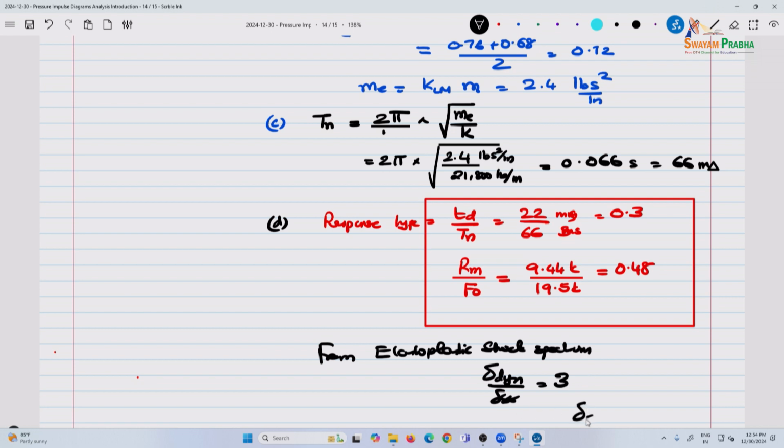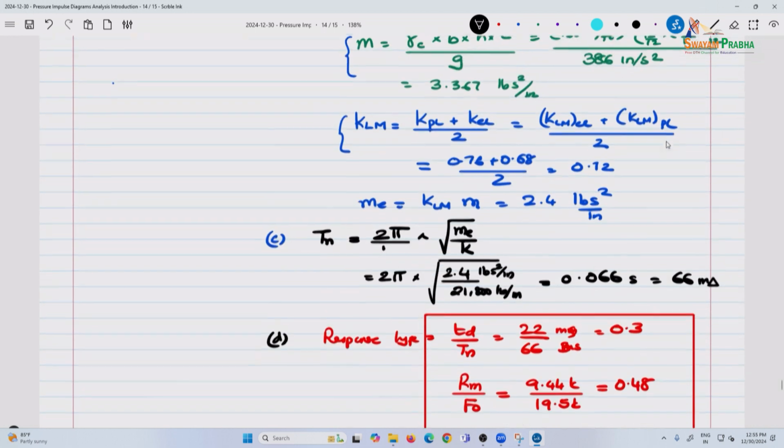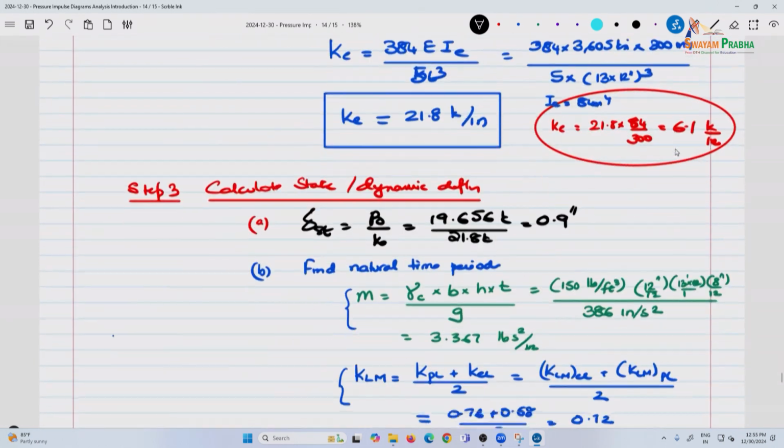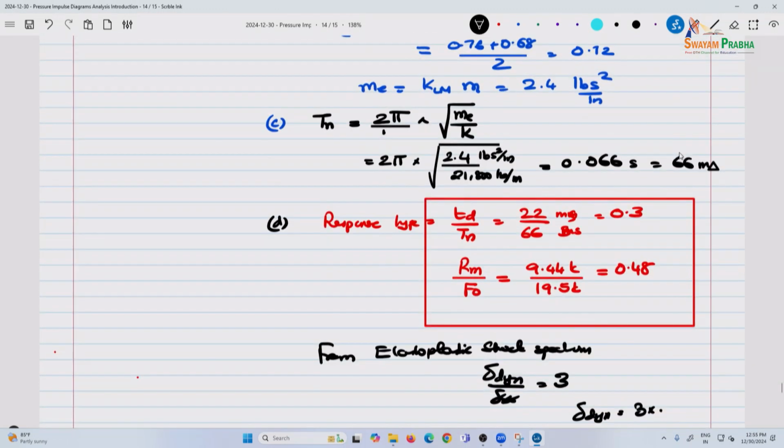So, delta dynamic is, how much is it? 3 times 0.89, right? 0.9.